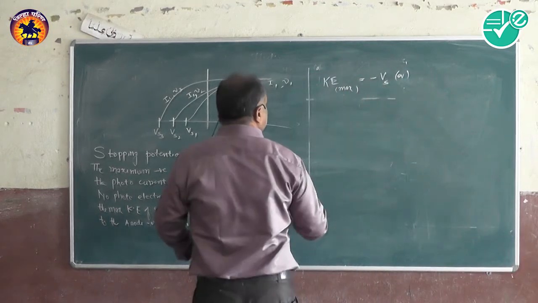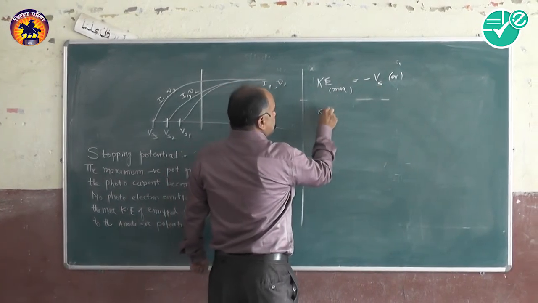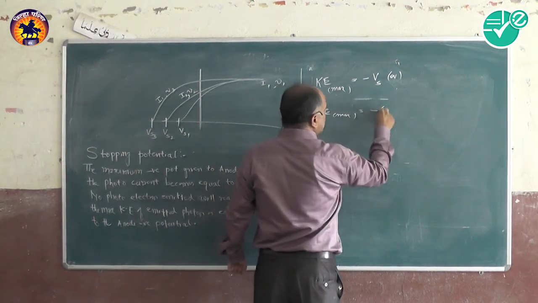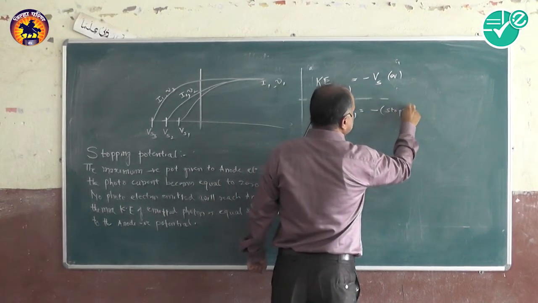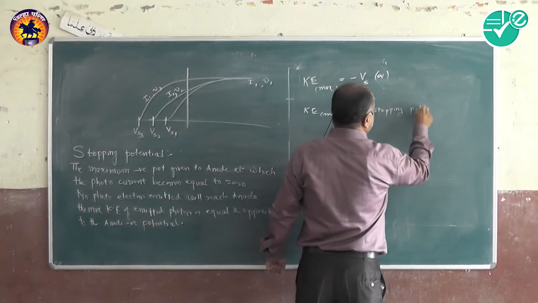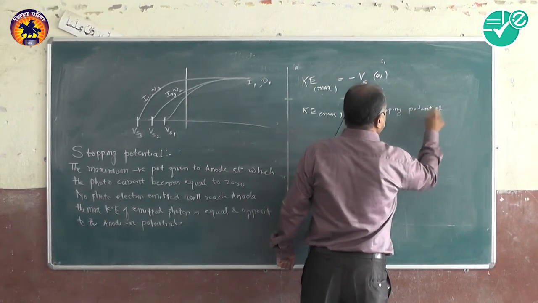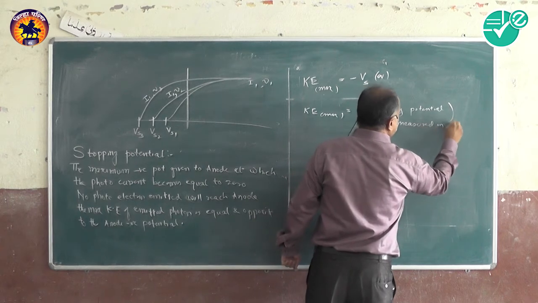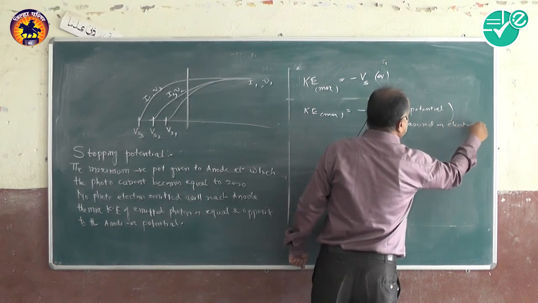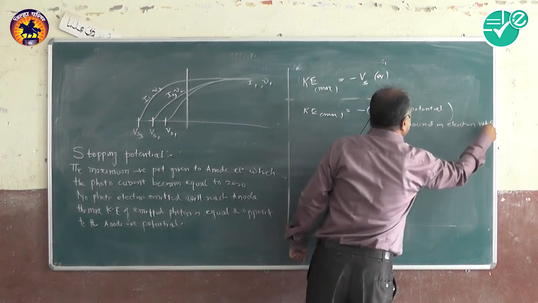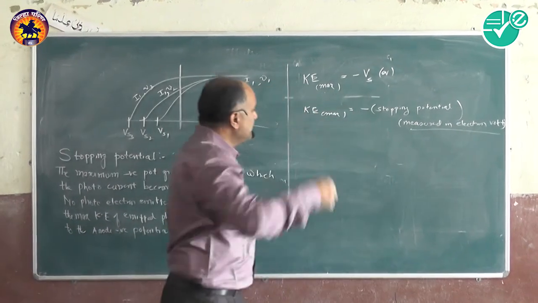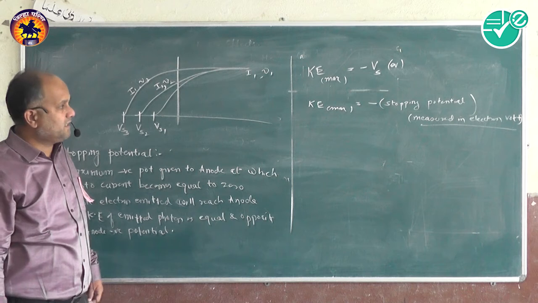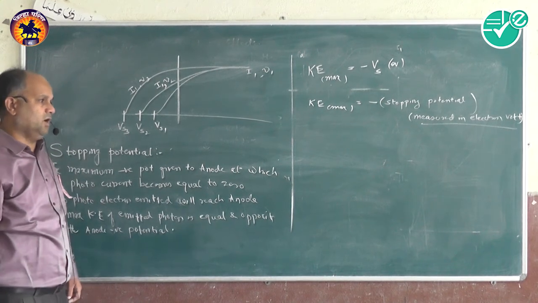Now again, kinetic energy maximum is equal to negative of stopping potential measured in electron volt. That is, we are replacing the unit volt with electron volt. That will give us the maximum kinetic energy of the emitted photoelectrons.